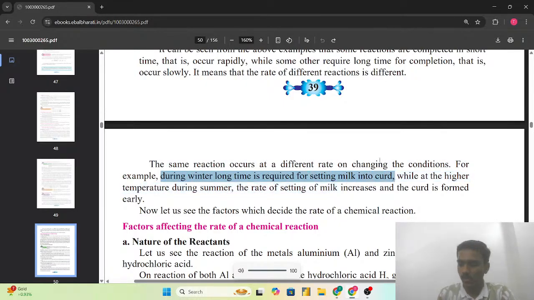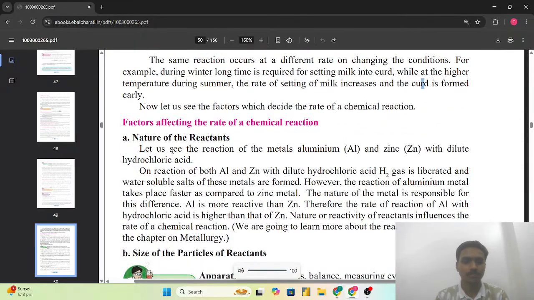So this is another example: if we want to make curd from milk in the winter season, it takes a long time. While at the higher temperature during summer, the rate of setting of the milk increases and the curd is formed early. Compared with summer, converting milk into curd in winter does not take so much time.